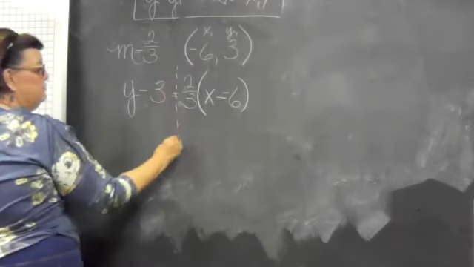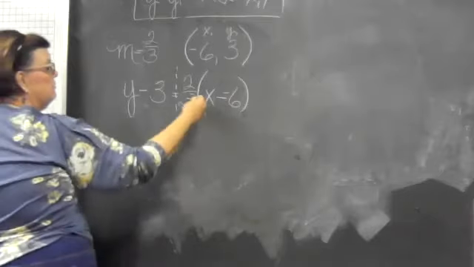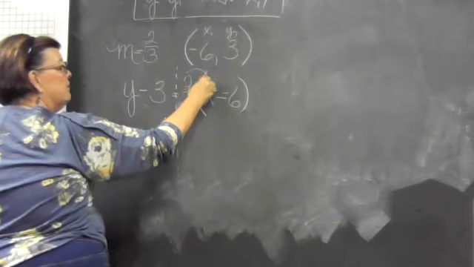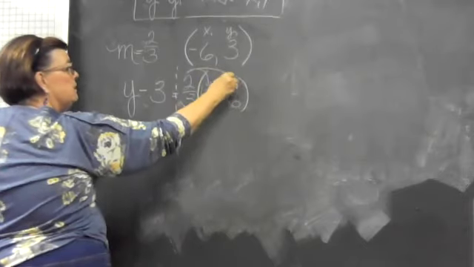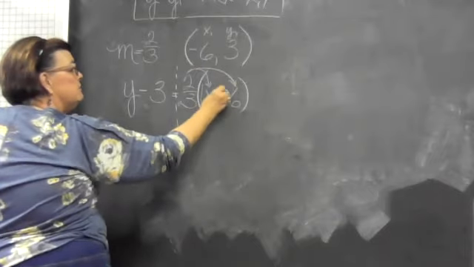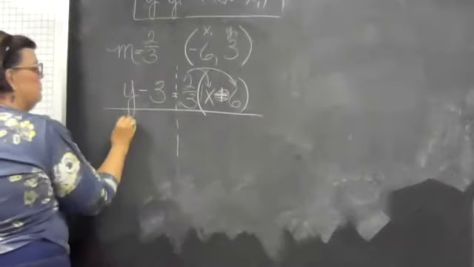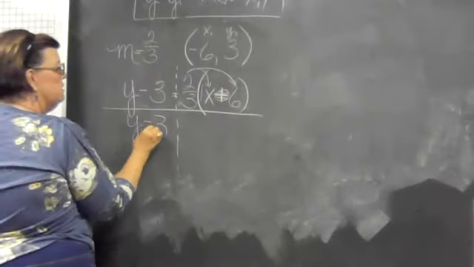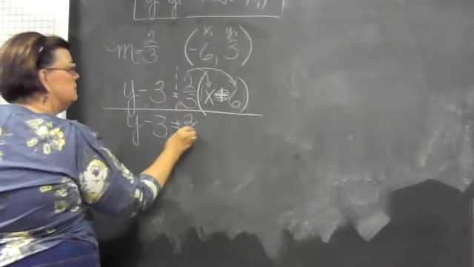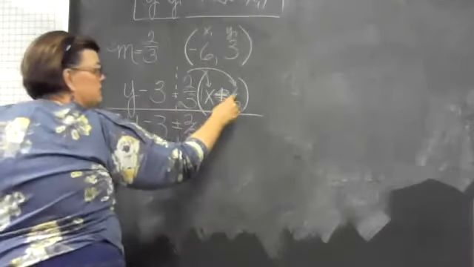And then all we have to do is the mathematics here. And the first thing we have to do is take care of the parentheses. We're going to do that by using our distributive property again. And the 2 negatives makes a positive. All right. So Y minus 3 equals 2/3 X, 2/3 times 6.